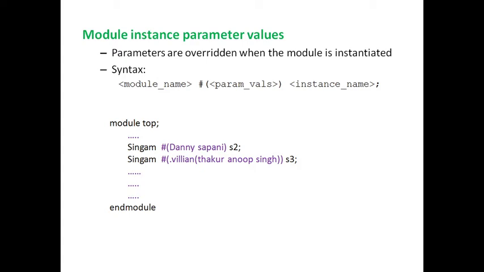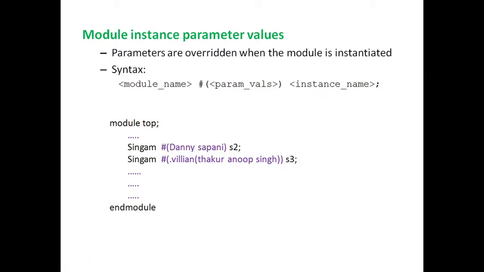So here my top-level module, TOP, can pass parameters to the instances S2 and S3, as you can see here. I didn't use the defparam keyword anywhere, but it still leads to the same simulation output.